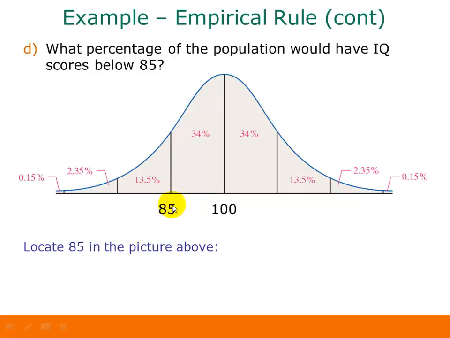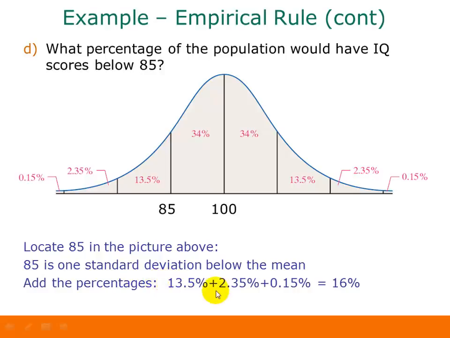We're looking at what percentage of the population would have IQ scores below 85, so from here all the way to the left. Again, we're going to add up the percentages in these 3 regions to get our answer. If we add those percentages, we get a total of 16%. That means 16% of the population has IQ scores below 85.